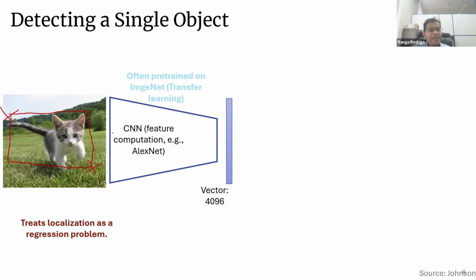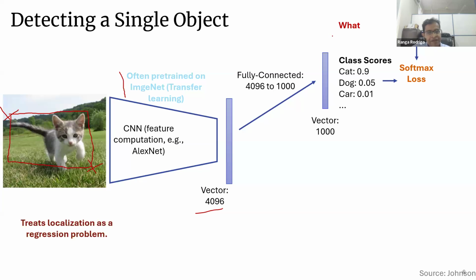So often pre-trained on ImageNet. So now I hope you understand what this is and transfer learning. CNN features computation example using AlexNet. So you get vector of 4096. From that vector, we have to get it to a fully connected 1,000 because there are 1,000 classes, and we give the class code cat so on and so forth using the softmax and correct label can be found.